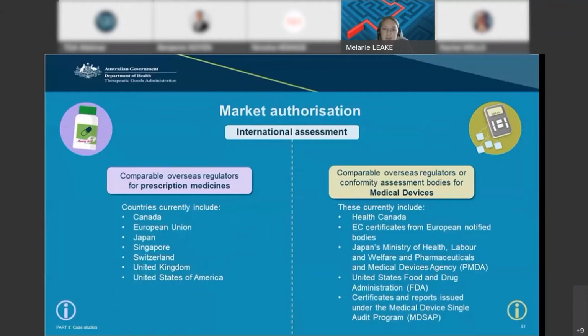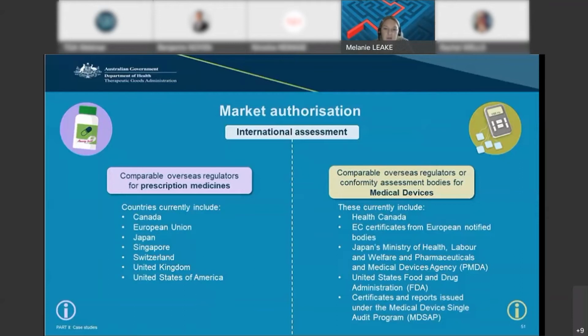Again, as Ben mentioned earlier, TGA makes use of overseas assessments where possible. This can reduce duplication of effort where an assessment has already been conducted outside Australia. We may use assessments from comparable overseas regulators and international assessment bodies in the regulation of both medicines and medical devices.